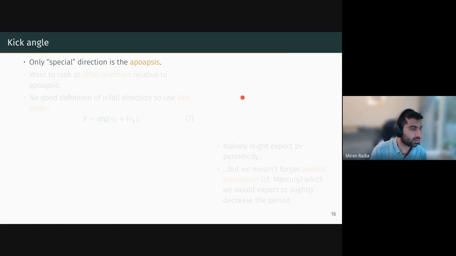We were inspired by the knowledge coming from the superkicks. Now, superkicks are caused when you generate kicks not from unequal masses, but from spins that are misaligned, but both lie in the plane.